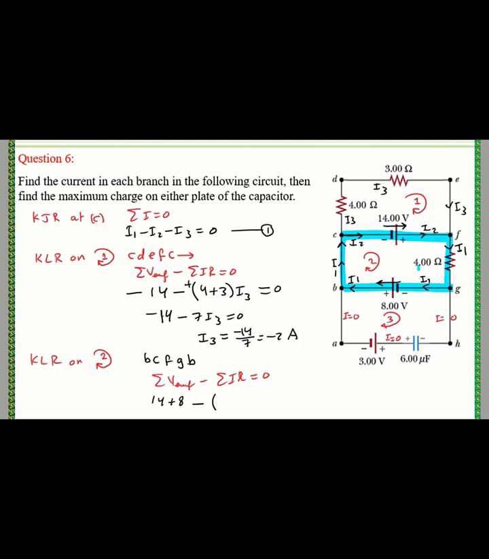So we have only I1 times 4. The resistance is 4 and the current is I1. This negative is from the equation, not from the analyzing, equals 0. So 14 plus 8, it's 22. So I1 is 22 over 4, which is 5.5 amperes.